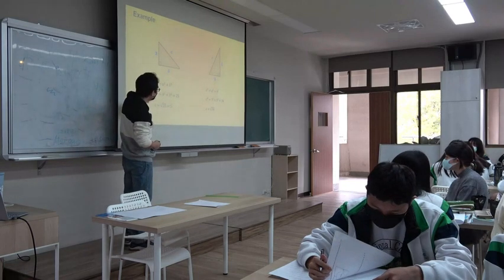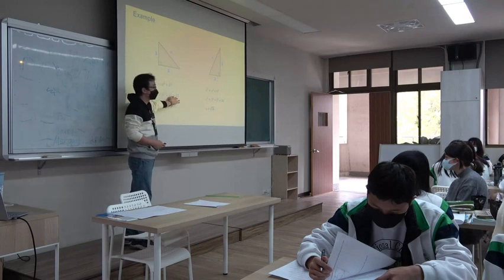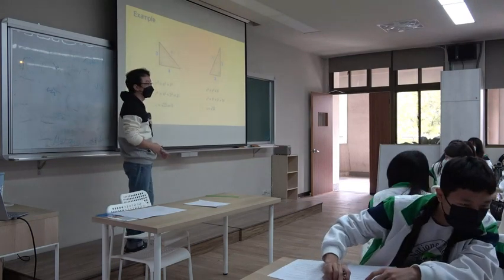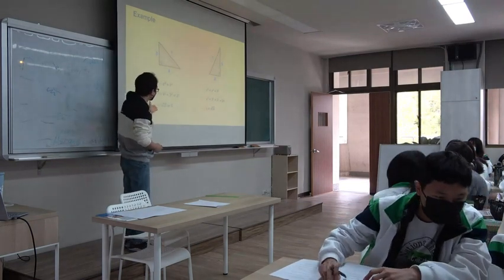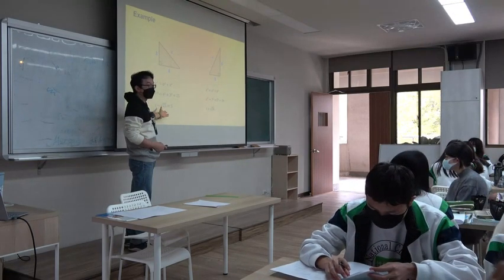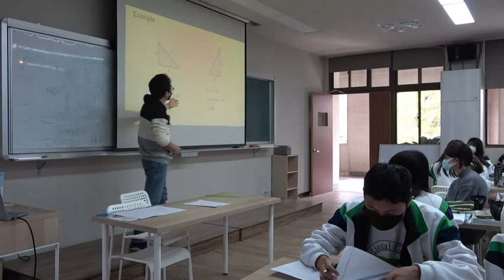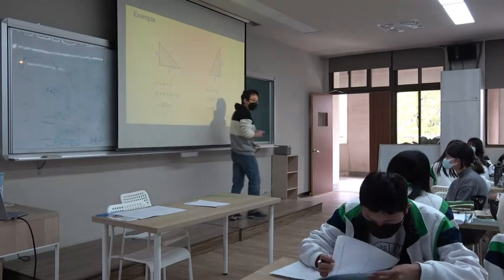And we find the square of C is equal to 25. And then we have the length of the hypotenuse, the square root of 25, or 5. Okay?